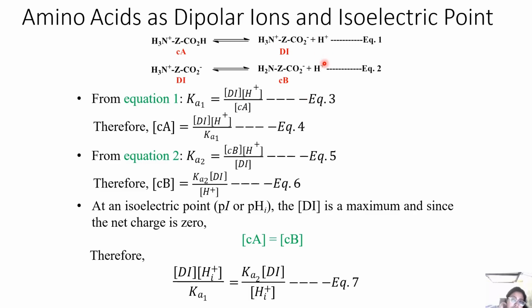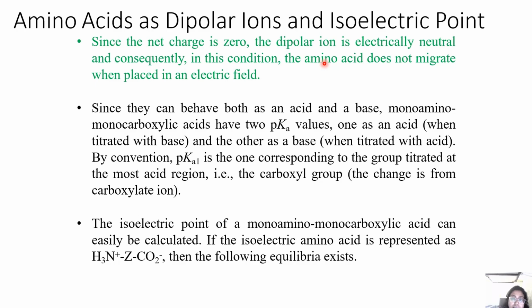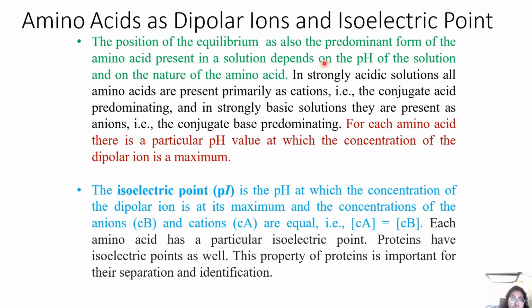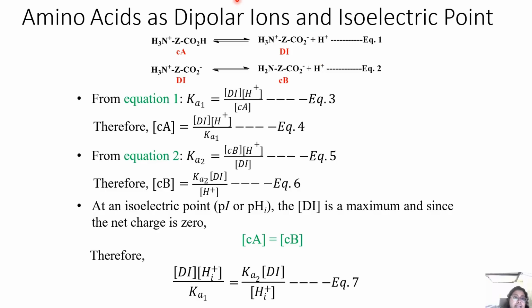If you see this, there are two equations. Moving on to the anions and the cations, from equation 1 we get this, the dipolar ion times H+ divided by the cation, and in the case of equation 2 we get this, again the product by the reactant.